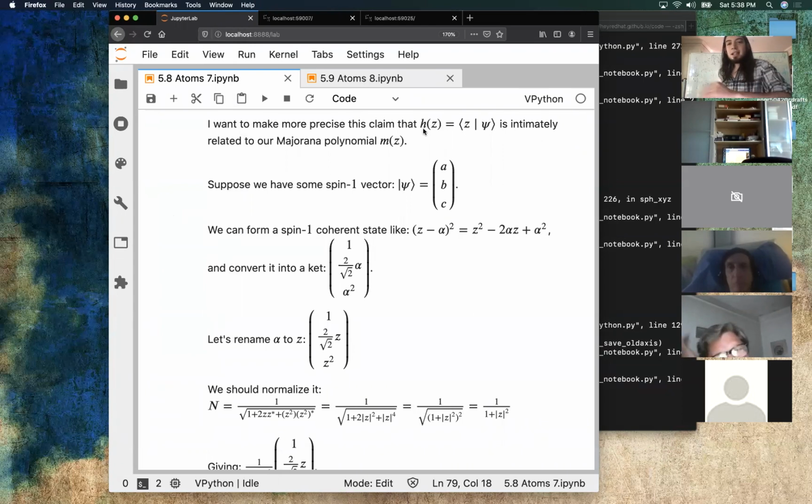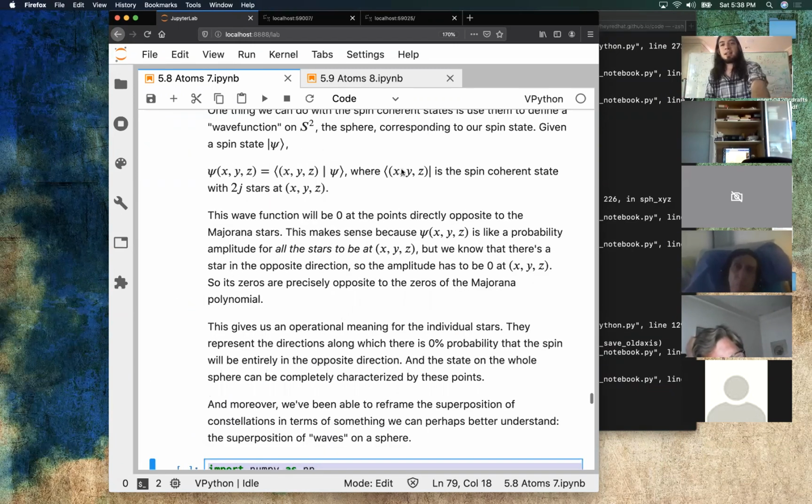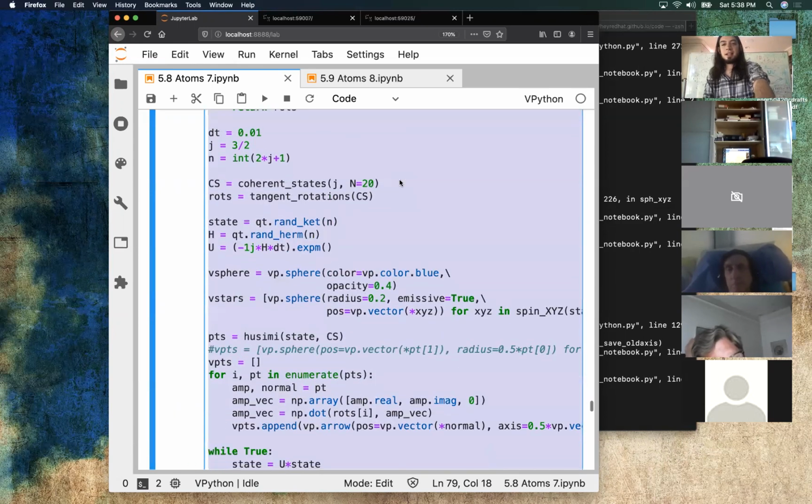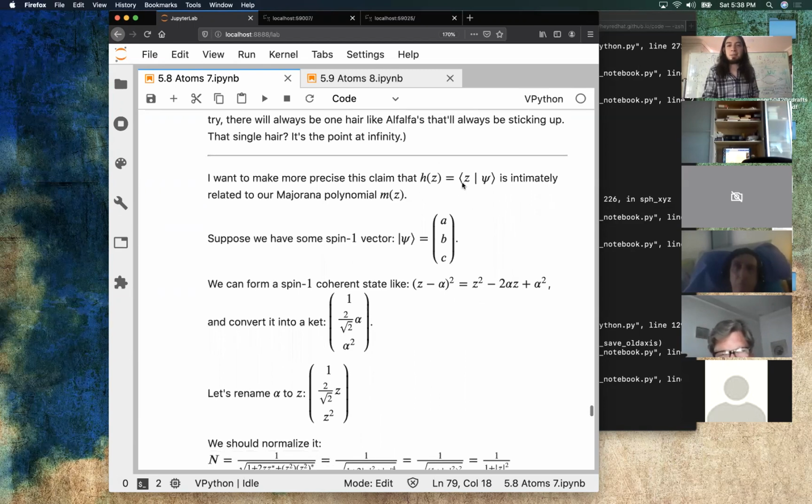That this little inner product Z, where before I was representing the spin coherent state as a little XYZ vector, but now I'm just writing it as Z. But again, it doesn't matter, right? This Z could be a complex number or infinity. That's also an XYZ point. I'm just playing around with how you can write it.